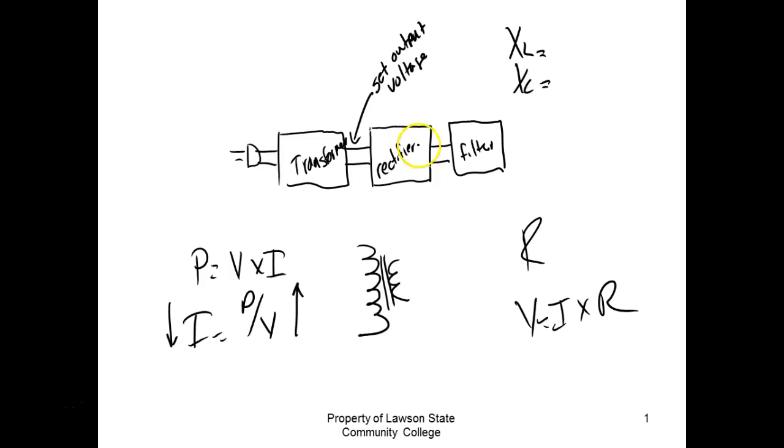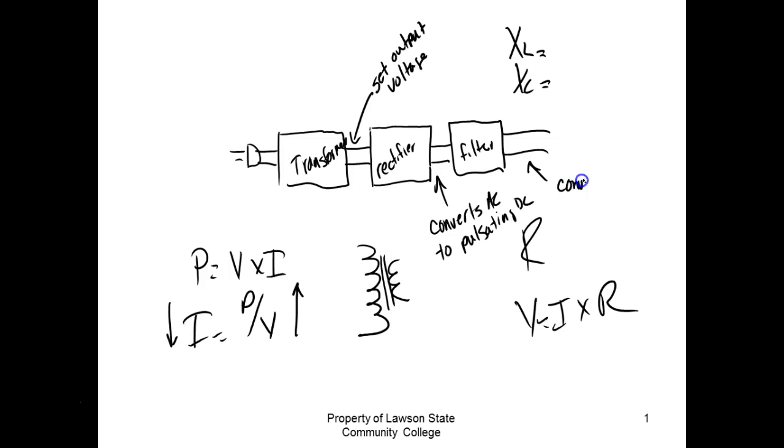Then we have the rectifiers. What do our rectifiers do? This converts AC into pulsating DC. Are we okay? Then what does our filter do?